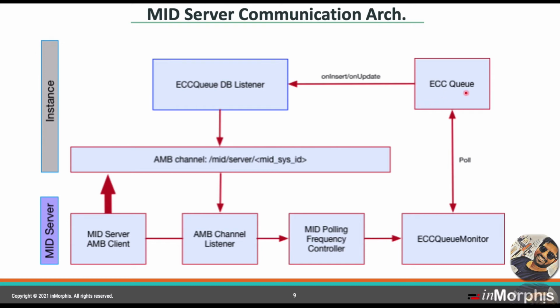So as soon as any record or job is inserted or updated in the ECC queue, there is an ECC queue DB listener in ServiceNow. It will push. Basically it works on a pub-sub model. It's an advanced model, but some of the people here will understand this publisher-subscriber model.